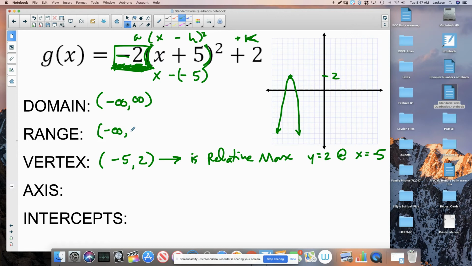So the range terminates at 2, and since there is a point here with the coordinates negative 5, 2, we can include this with a bracket. Remember, we never use brackets with infinity. We use brackets with real numbers when we want to include that, when there's actually a point there. So the vertex tells us quite a bit about the rest of this graph.